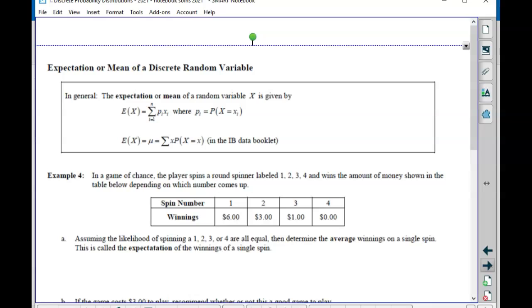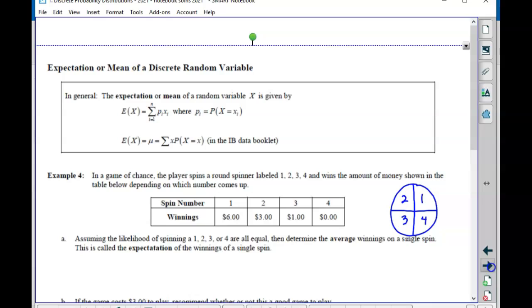So calculating the mean or expectation of, in this case, this game of what you would win on one roll, okay, or one spinner. So this is a round spinner labeled 1, 2, 3, 4. And so we're assuming here it's a fair game, so that each part that's labeled 1, 2, 3, 4 is equally spaced, okay?